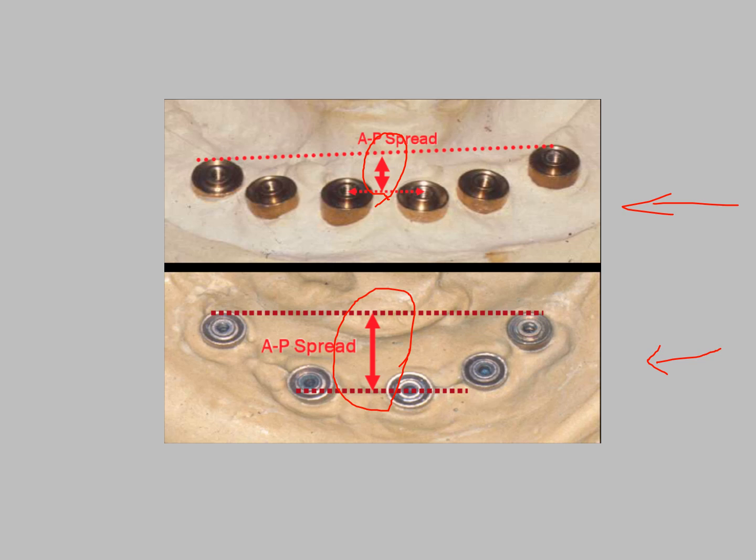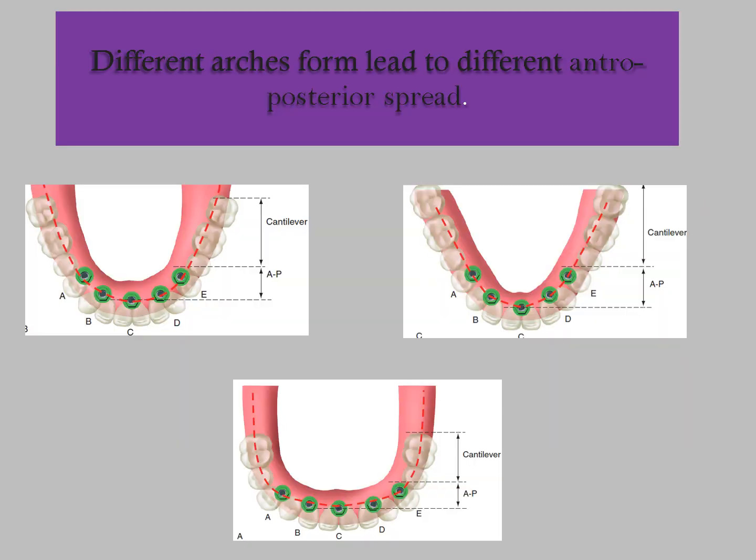It's not the main implants or the number of implants, it's the distribution of implants. If you have 2 posterior implants and 2 anterior implants, you can have a large AP spread and you will have a larger cantilever. The arch form is also affected. A tapered one has a larger AP spread than a square one, and the V shape has a larger one.